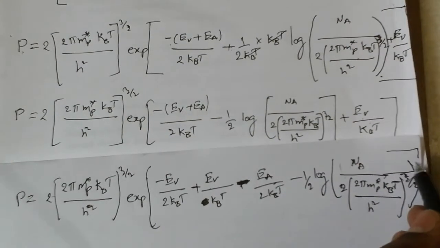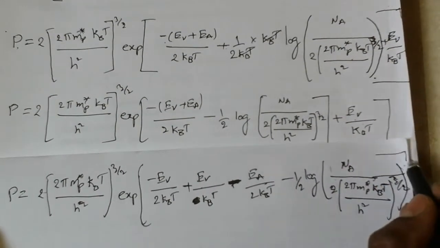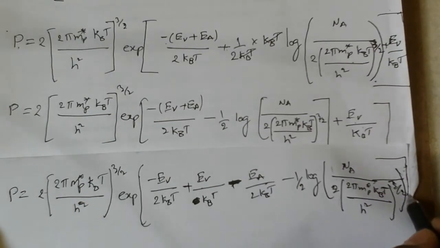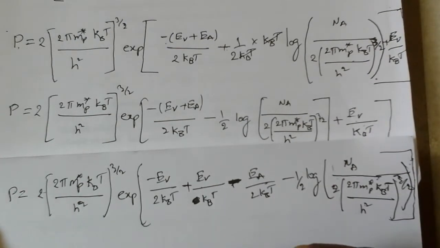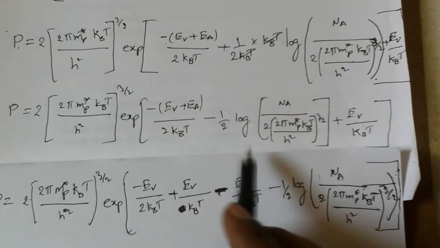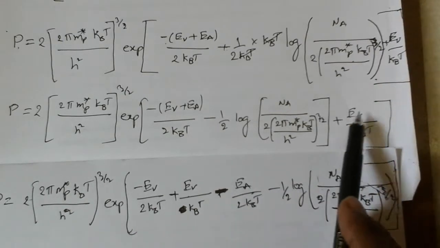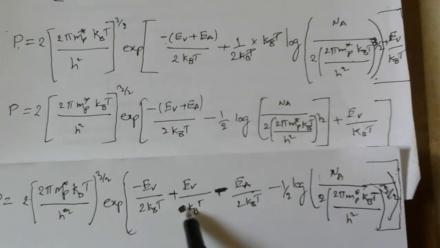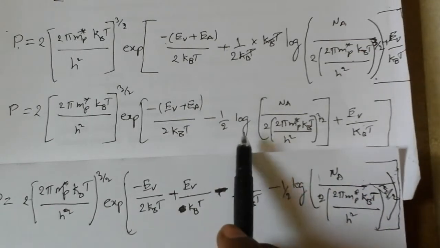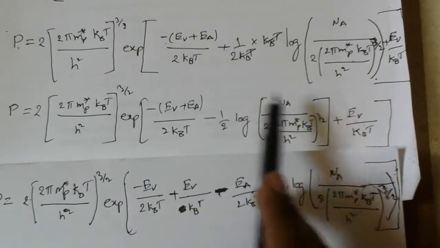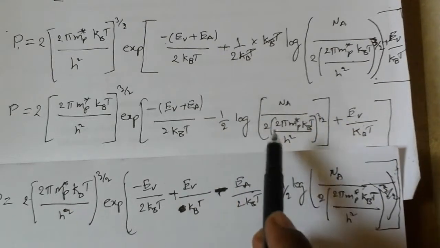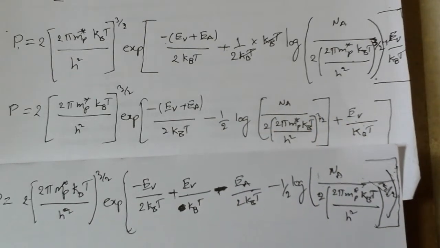Next it is total. So this 3 by 2 is drawn here, this 3 E_V by k_B T is taken here, and this entire 1 by 2 term is written here.